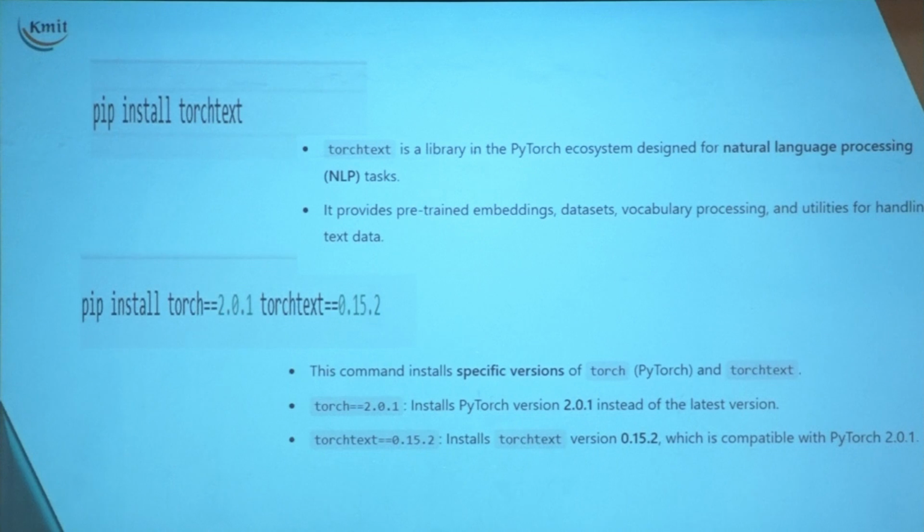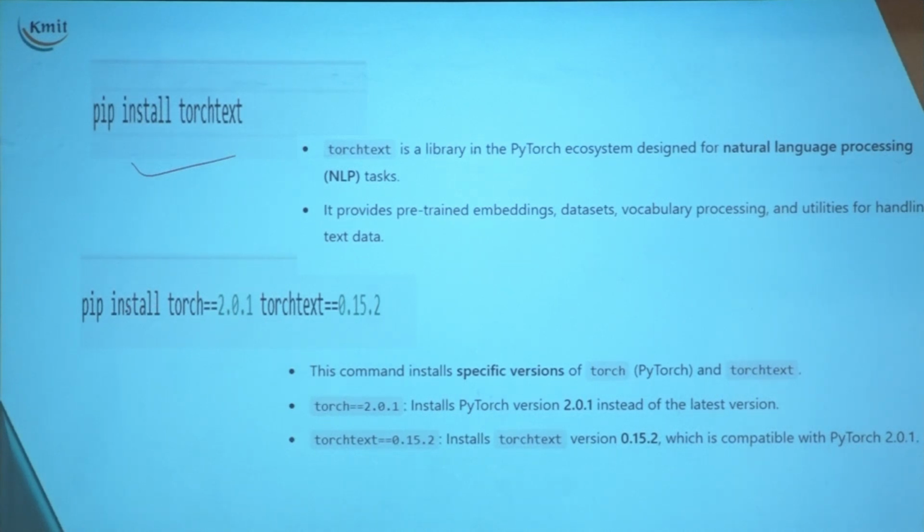So first, we are importing the required libraries. I am using PyTorch and the input that I am taking is text data. Hence, I first install torch text.